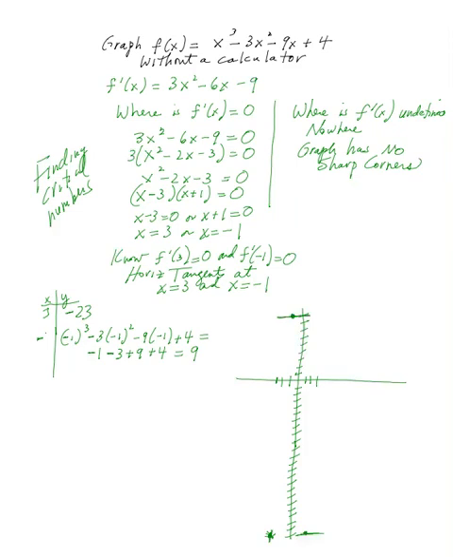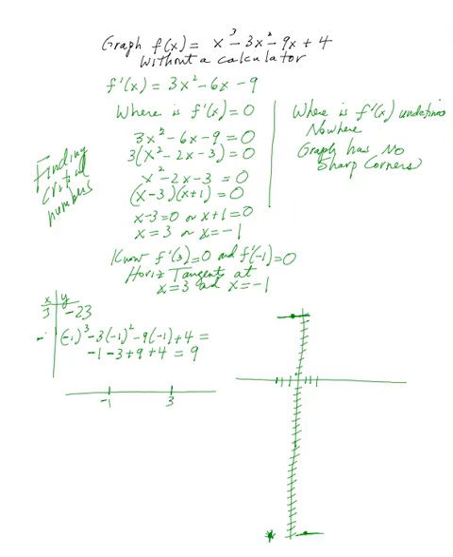Now, here's something we've talked about before, but I'm going to show you how to organize your work here. What you need to do next is to put these critical numbers, whatever critical numbers you got from setting the derivative equal to 0 and from looking to see where the derivative's undefined, those are all the critical numbers. Put them on a number line.